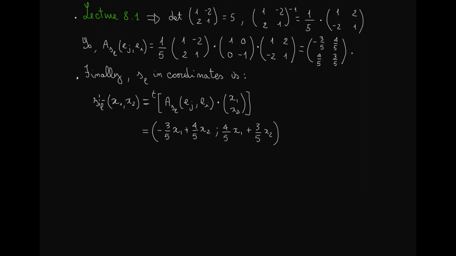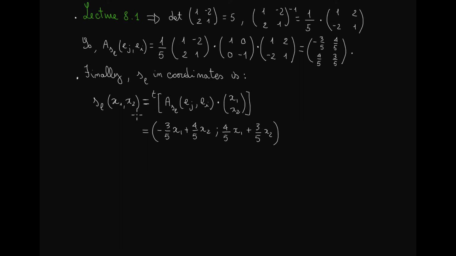So the SL of (x1, x2) is simply the multiplication on the left of the column vector given by x1, x2 by the associated matrix with respect to the canonical basis. We end up with the column vector. We usually write the coordinate form as a row vector, so we take the transpose of this column vector. And what we end up with is this formula.